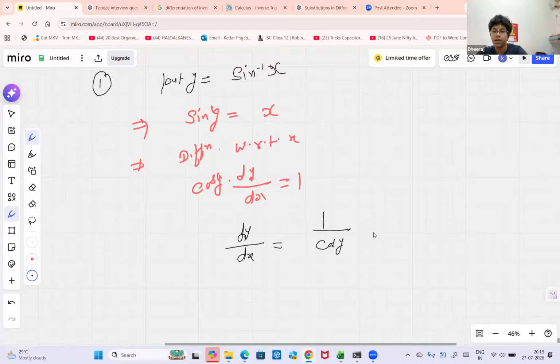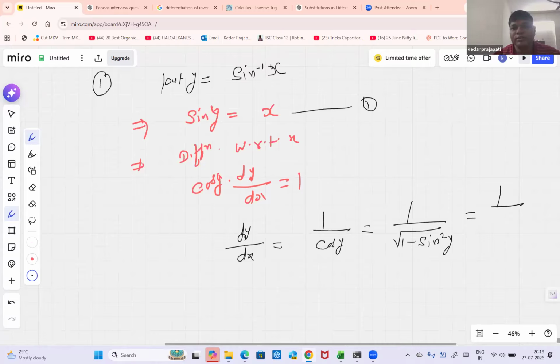Cos y is equal to root of 1 minus sine square y, which is x square. From here, we'll be writing. Easy. And from the formula also we know, right? What will be the S? We said S is subtract. So it is coming in subtract only, minus, correct? So whatever trick we applied, that is also working.